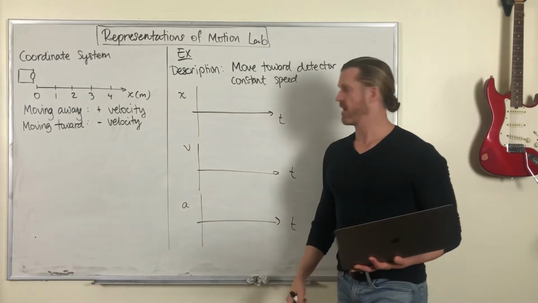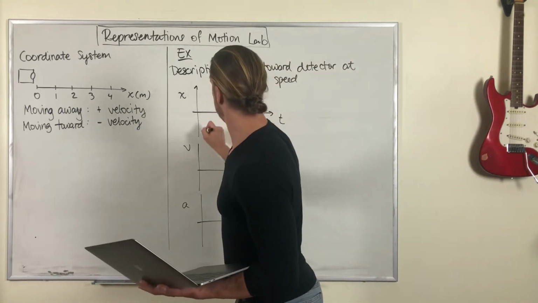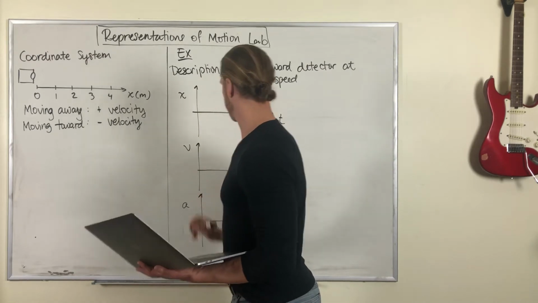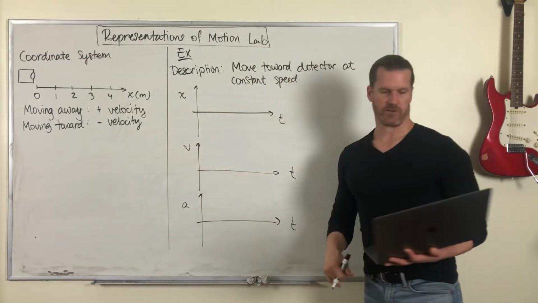And we've got our 3 graphs: position versus time, velocity versus time, acceleration versus time.